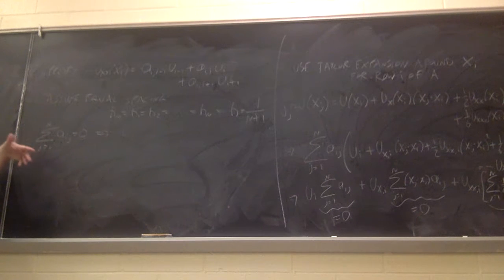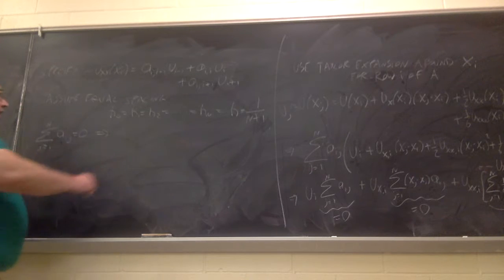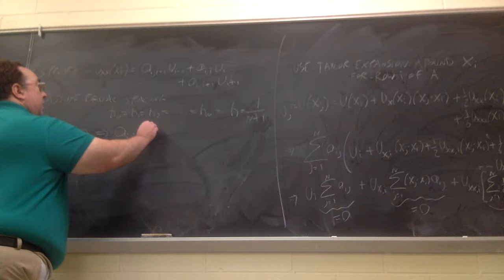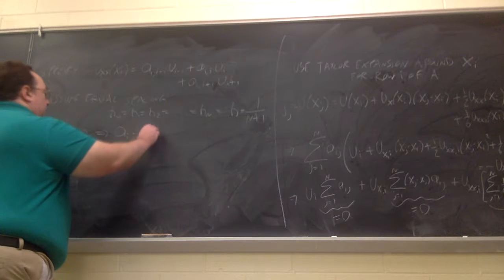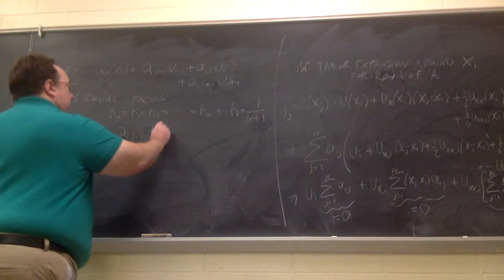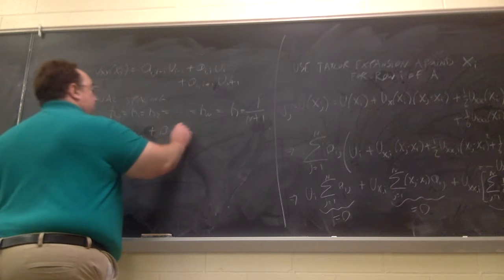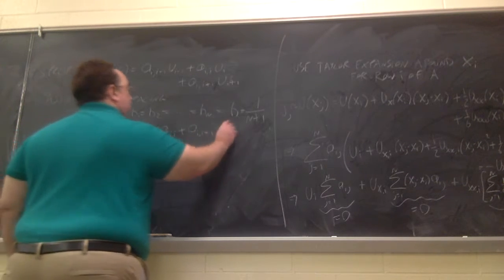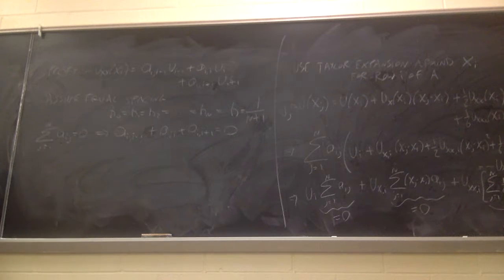There's at most 3 that are not. So I'm going to have i minus 1, plus i, plus i plus 1 must be 0. I'm looking for my 3 coefficients. They all have to sum to 0.